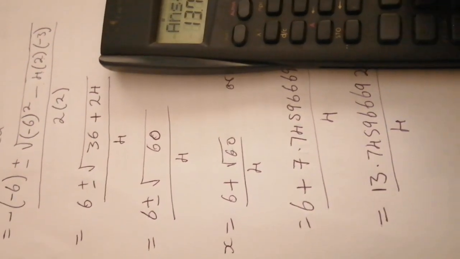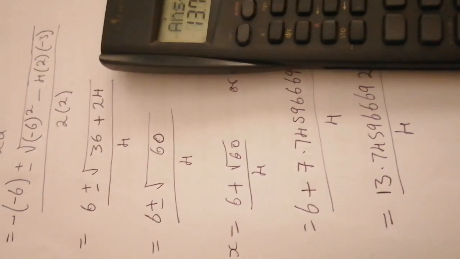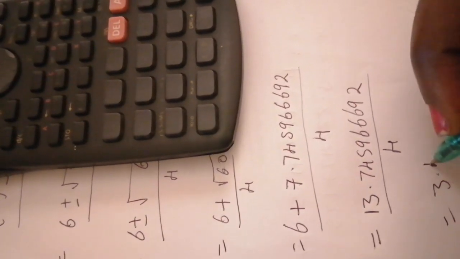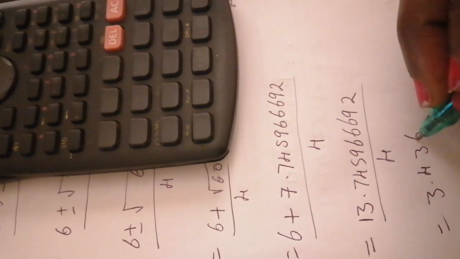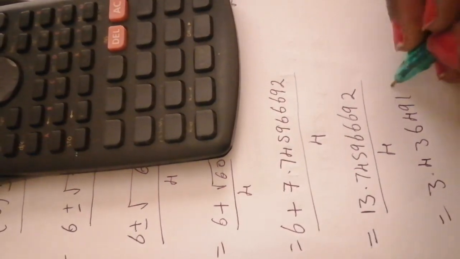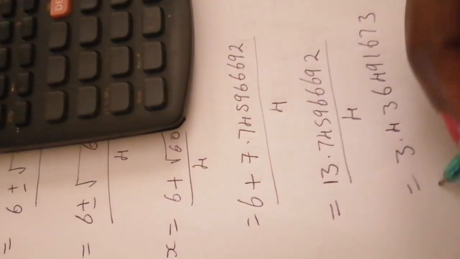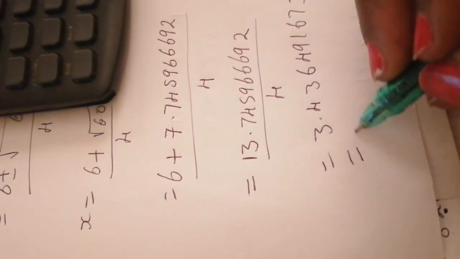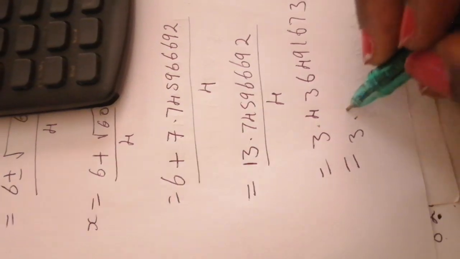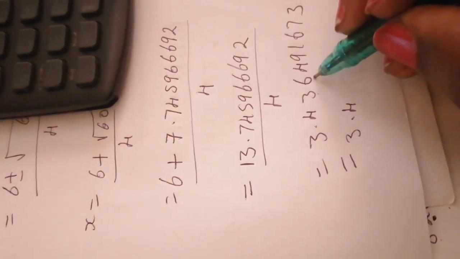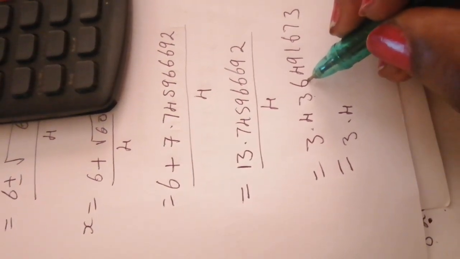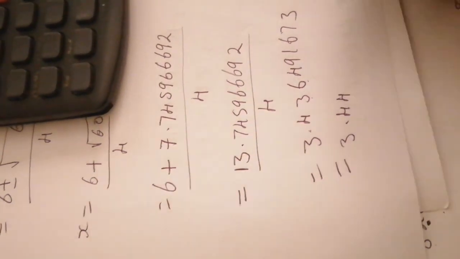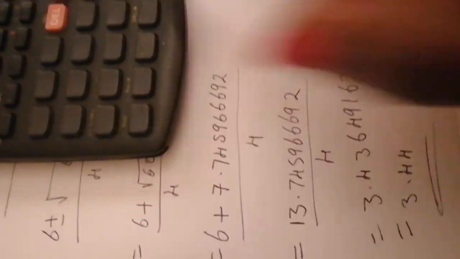When we divide that by 4, we have 3.43649167. Rounding off to 2 decimal places, we'll have 3.4. We need to end here. The next number is above 5, so get 1 and add it to 3, giving us 4. So it will be 3.44.